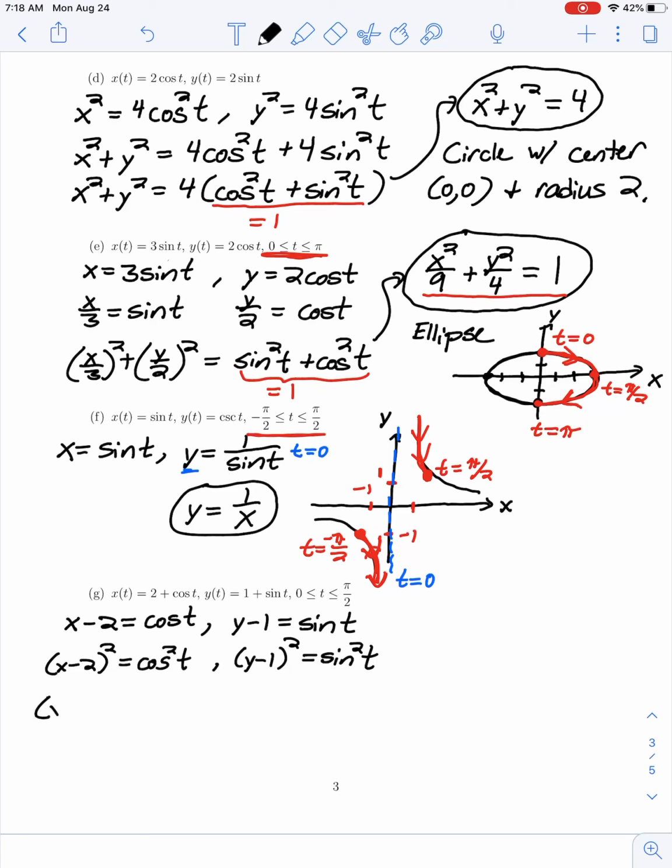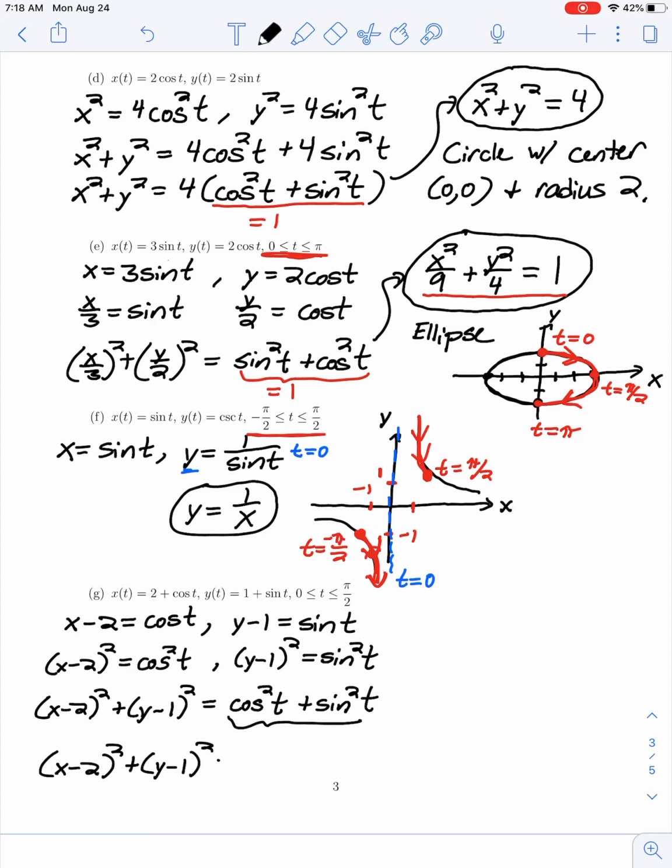So taking the sum of those squares, we have x minus 2 squared plus y minus 1 squared is equal to cosine squared t plus sine squared t. But we recognize the sum of those squares as being equal to 1. So we have x minus 2 squared plus y minus 1 squared is equal to 1.